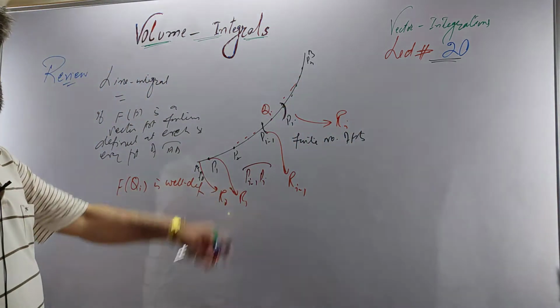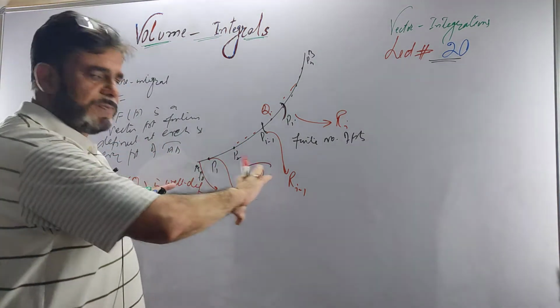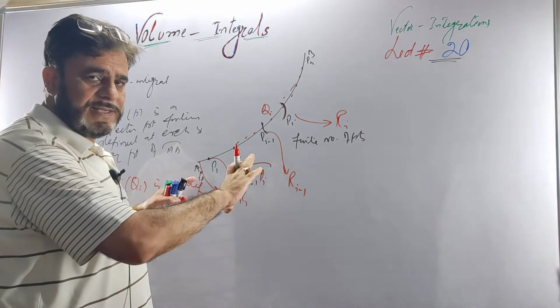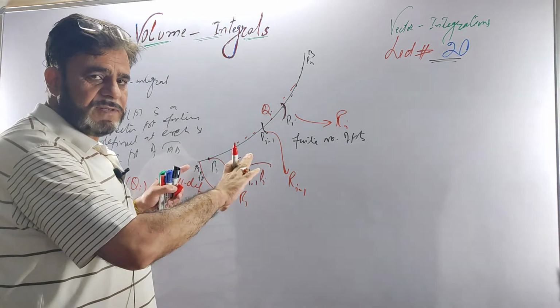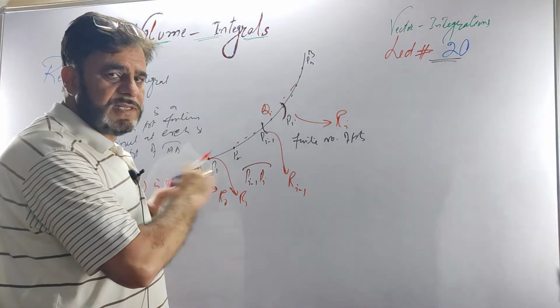I am just recapitulating what we did. First we make the number of subdivisions of this curve finite, then in the summation we let this finite subdivision be infinity.